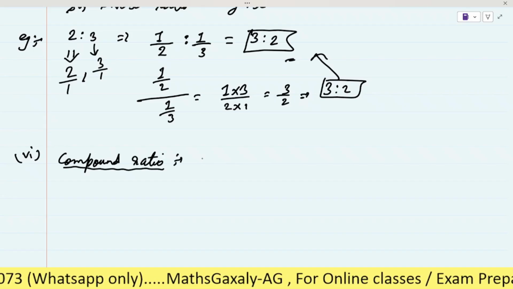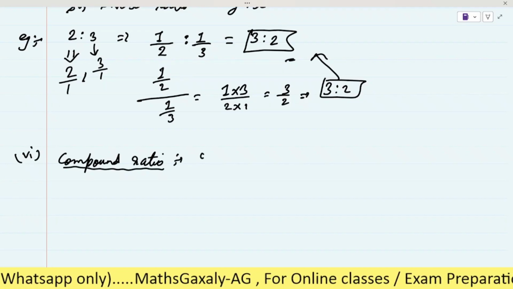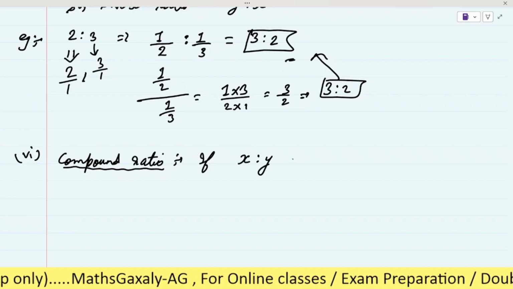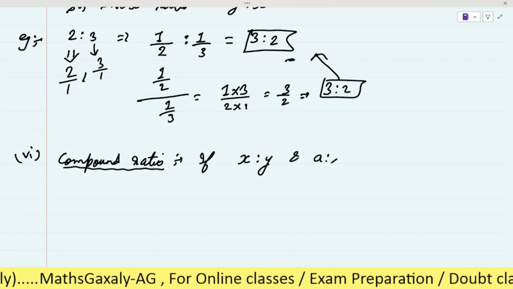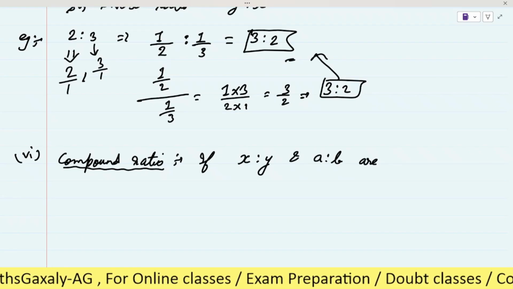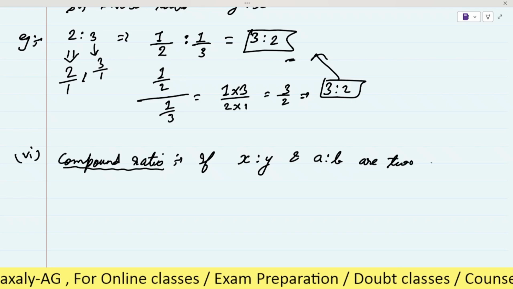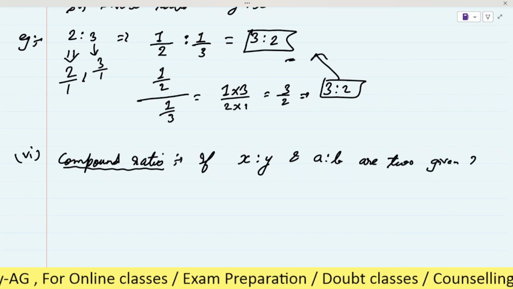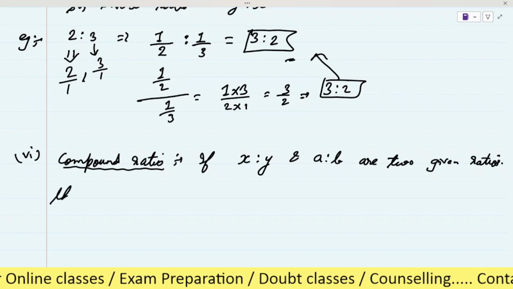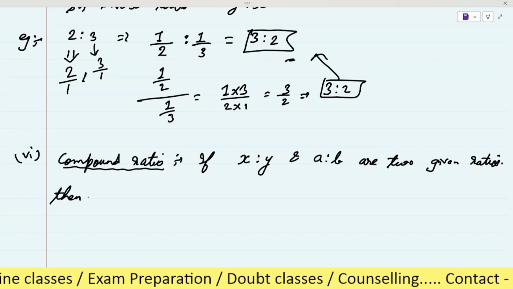Suppose x is to y and a is to b are two given ratios. Then their compound ratio will be calculated as follows.